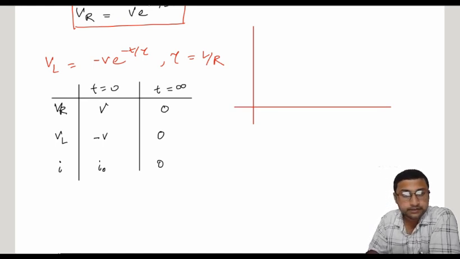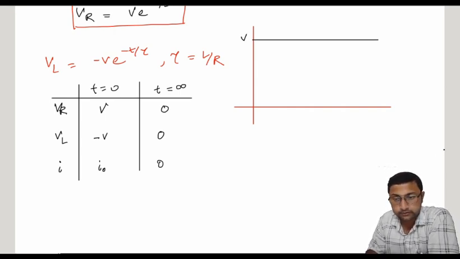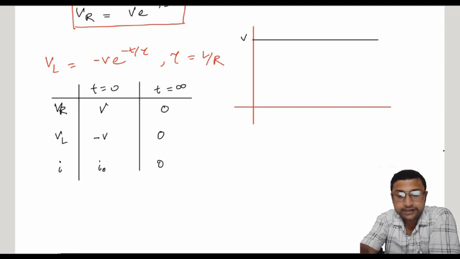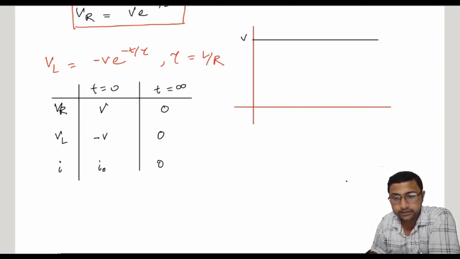suppose this is a supply voltage V. This straight line denotes the supply voltage V. So for VR, at the initial condition VR starts from the final value, that is V, and again it will go to 0.